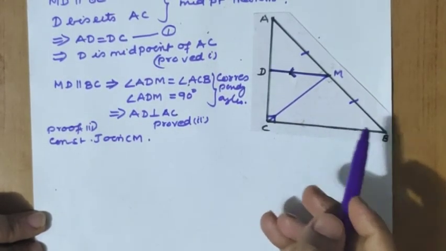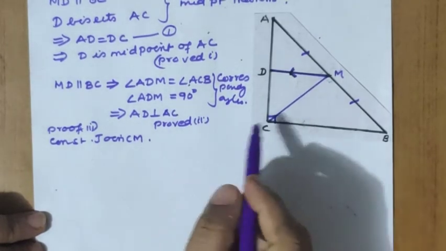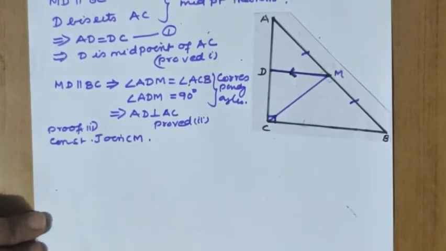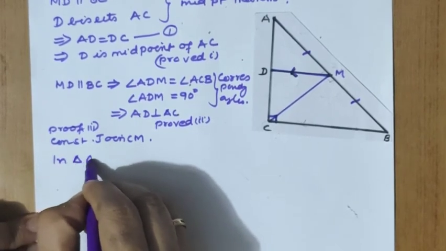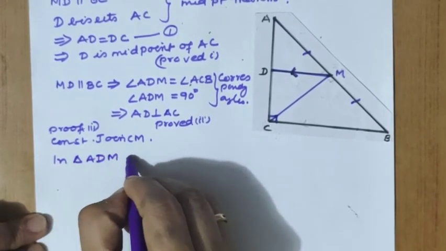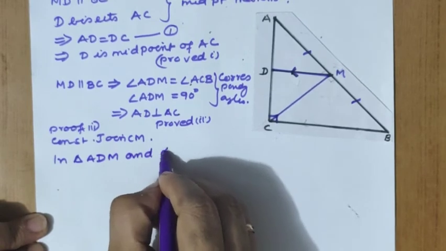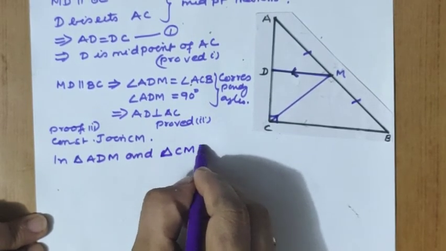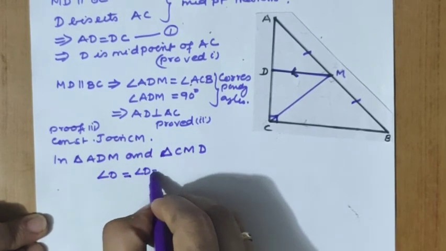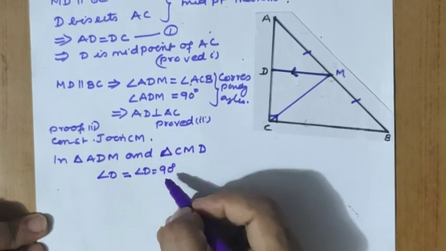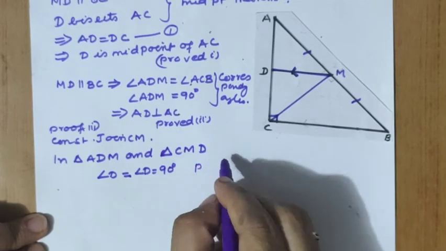Now we have to prove that CM is also equal to AM. Now we are getting two triangles here: triangle ADM and triangle CMD. Angle D is equal to angle D equal to 90 degrees. Which criteria? We have proved in 2.